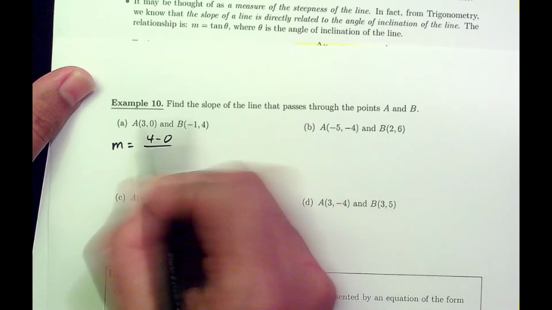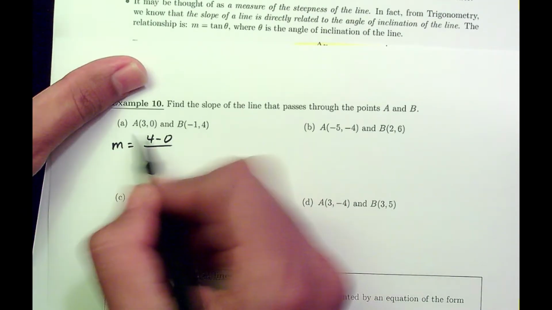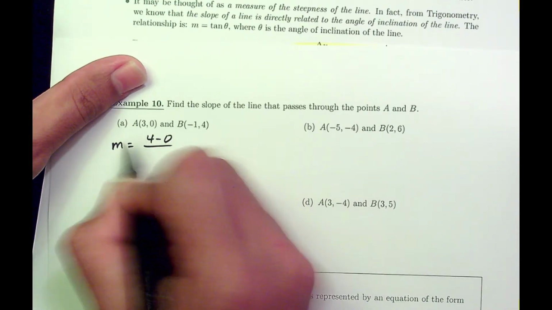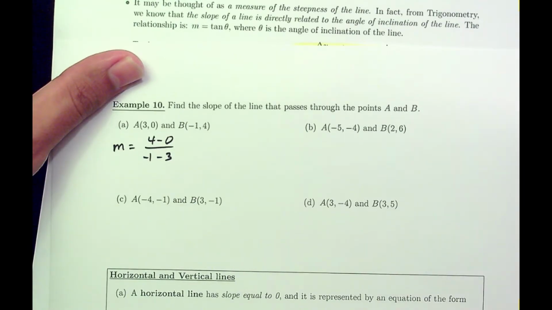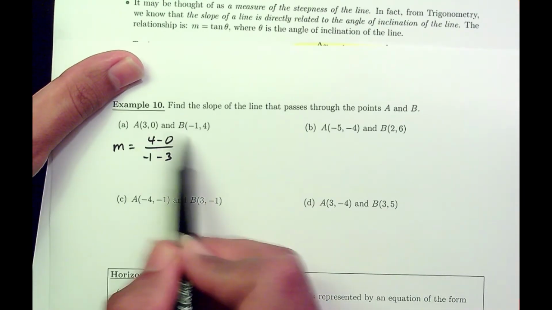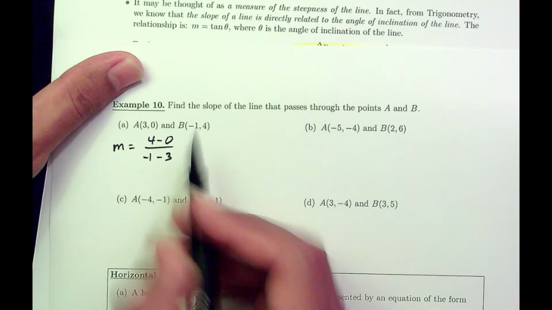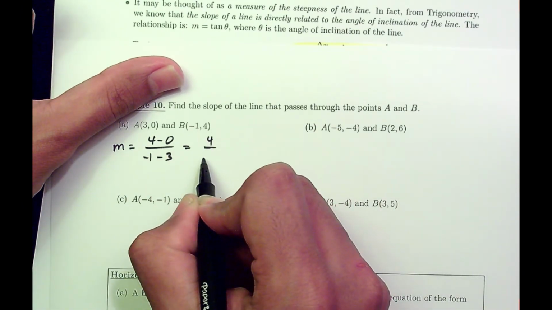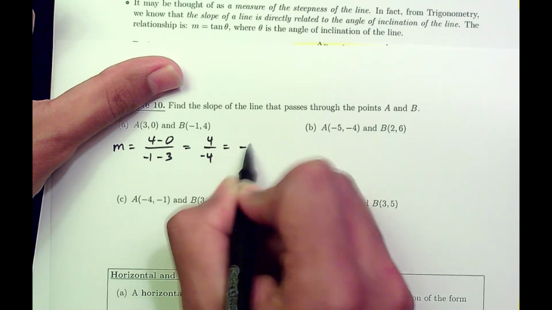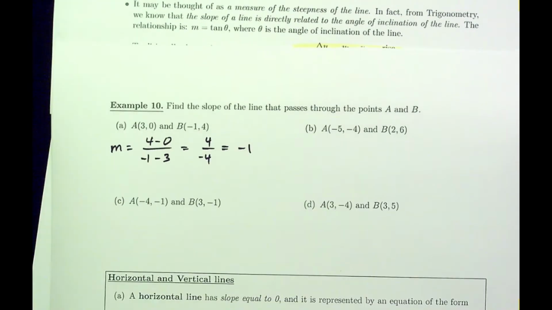Then I need to be consistent and do the x's in the same order. So -1 minus 3. Then simplify, this is 4 over -4, which is -1. So the slope is -1.